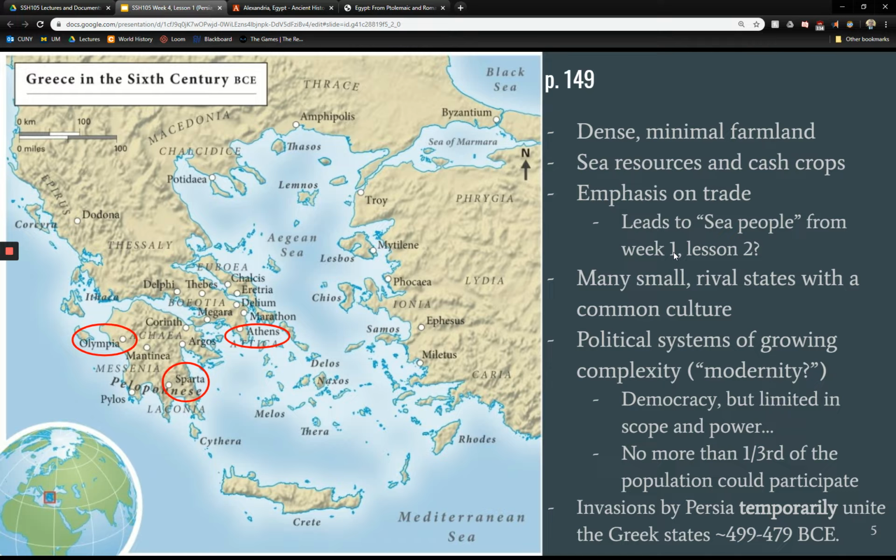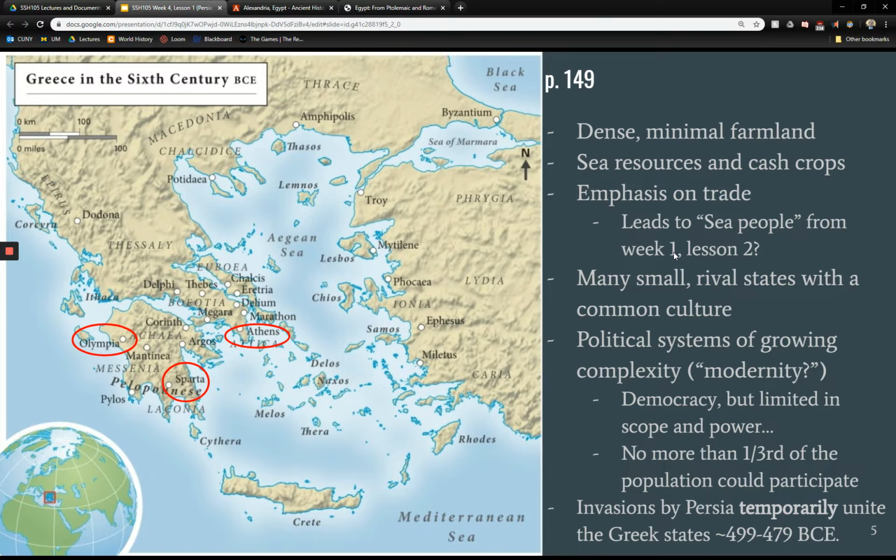This democracy changes over time, but even at its peak, at its most, I guess what we would call equal or fair, no more than a third of the population is participating. It's only men, it's only landholders most of the time, and it is not exactly what we think of as a democracy today. You can read about the details in the textbook.